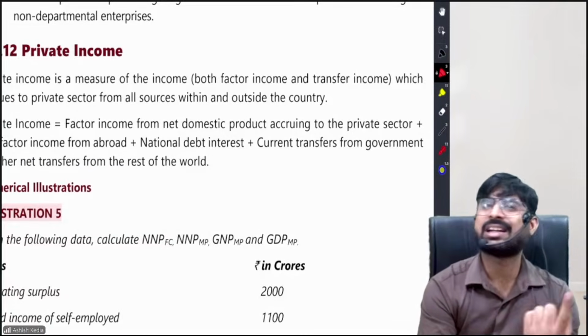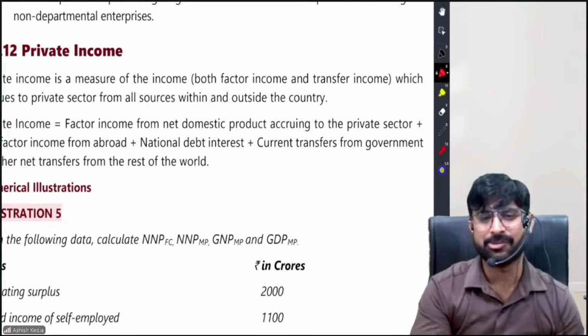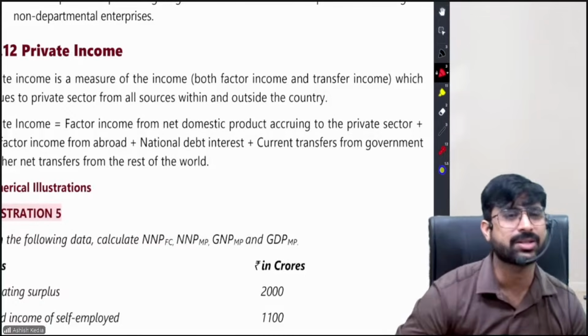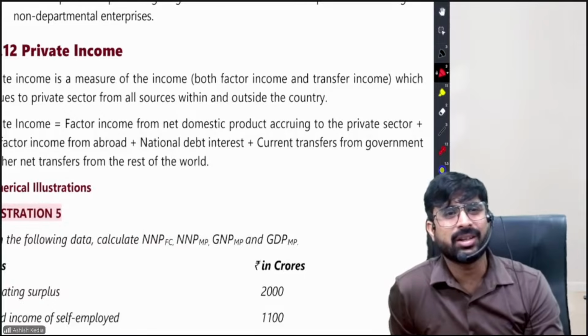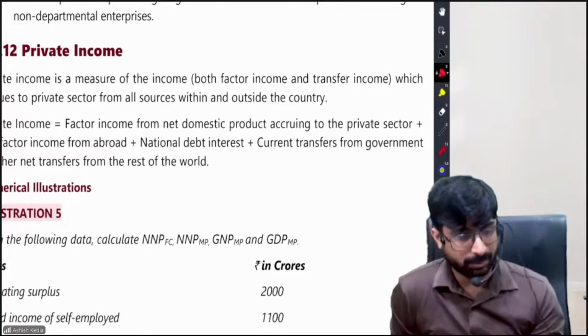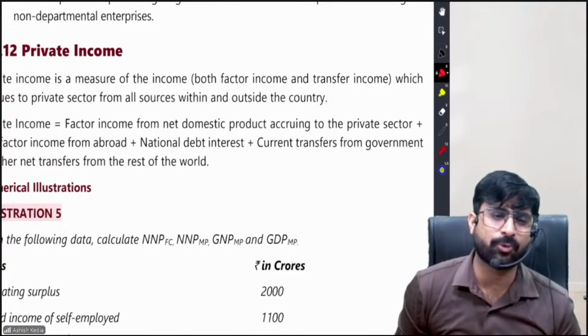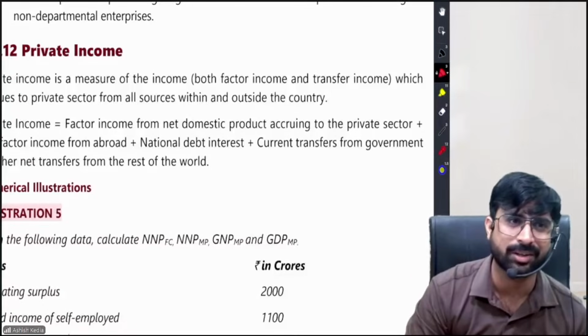Now, this is pension. This is transfer income. Remember, friends, transfer income is not added to national income. Factor income forms a part of national income. Transfer income does not form a part of national income because no new goods and services have been rendered in return. But when it comes to private income, they don't care about factor or transfer. National income considers only factor income.